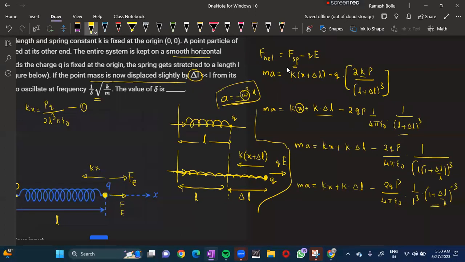This is a binomial theorem we can use. MA equal to how much? Kx plus K into delta L minus 2qP by 4 pi epsilon naught and into 1 by L cube and 1 minus 3 into delta L by L.